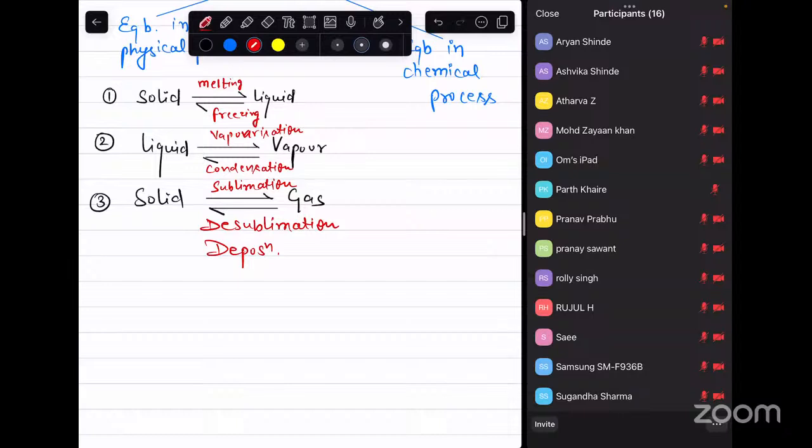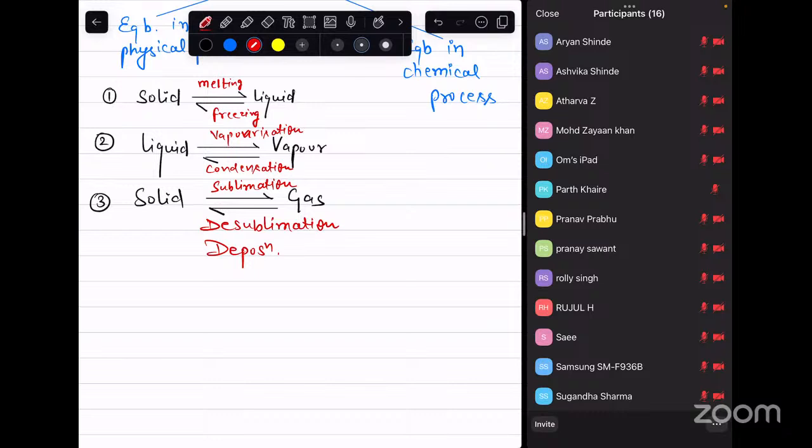The reality is both the processes will be continuously going on, and they will be happening in such a way that the concentration of one material will be the same as the concentration of another material. For example, in case of solid to liquid or liquid to vapor, I think liquid to vapor will be a better example for you to understand. Initially when liquid is converted into vapor, that process is known as vaporization, and initially the level of the liquid will be decreasing.